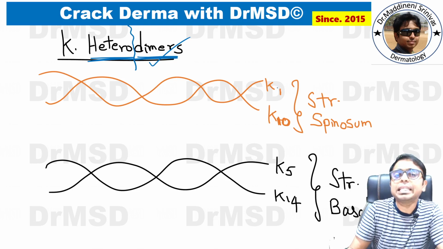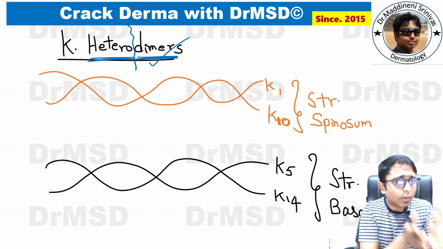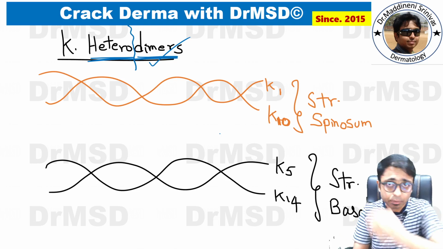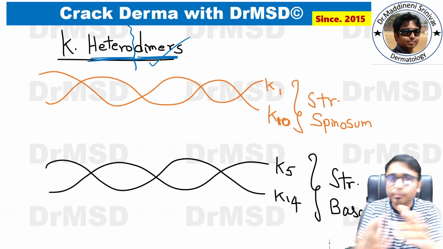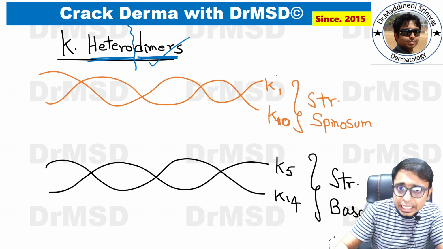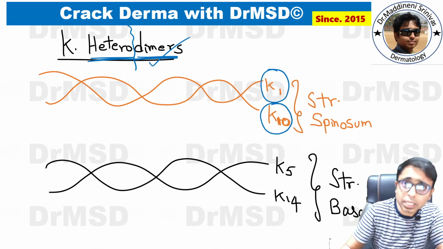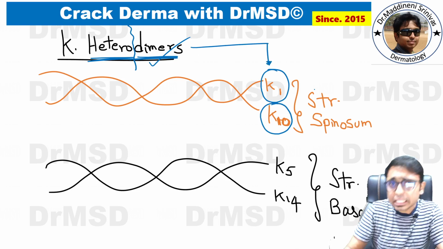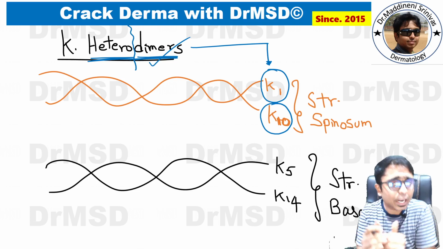So what does this mean? The keratin filaments are of two types. The first is the acidic type of keratin, and the second is the basic type of keratin, and these two form a couple. For example, K1 and K10 are coupled together to form the heterodimer, and these combinations are present in different anatomical locations.